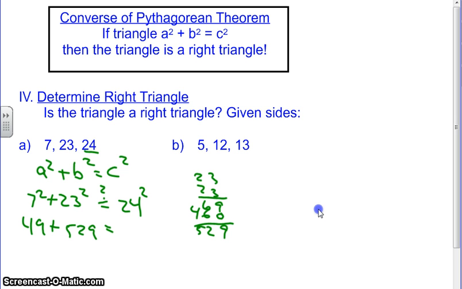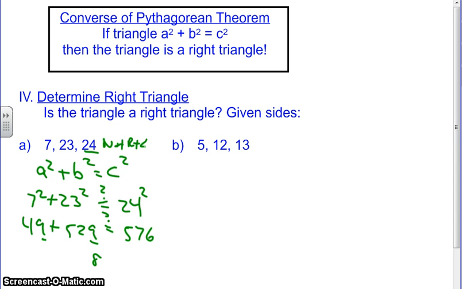Did you do it on paper, scratch paper? I got 576. What are you doing under there? Is this true? And when we add 9 plus 9, we're going to get an 8 on the end, so this must not be true. So, no, this is not a right triangle.